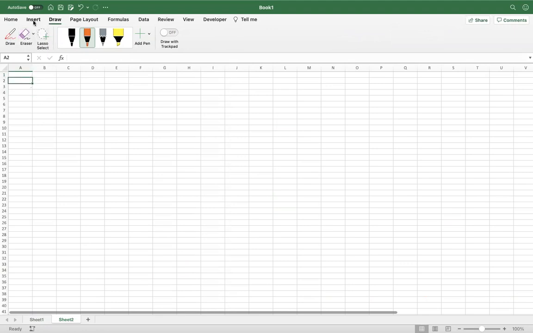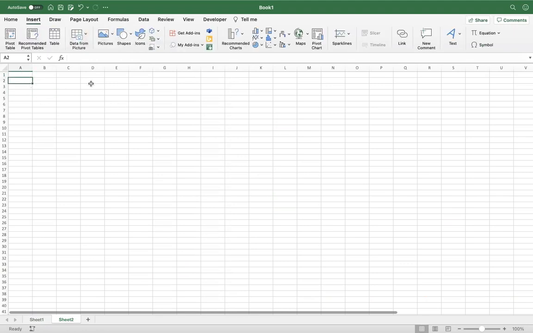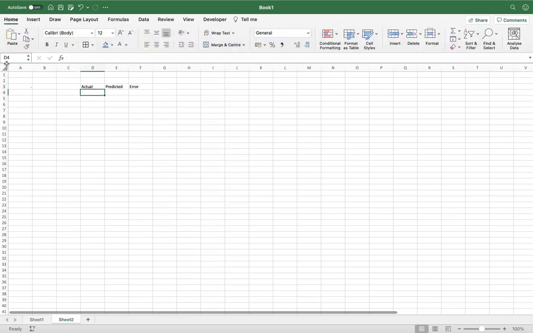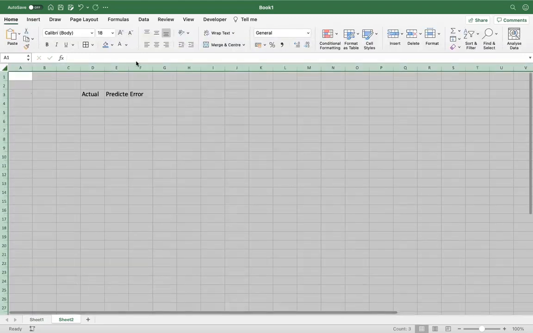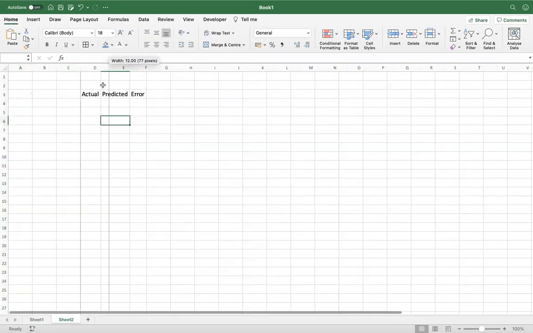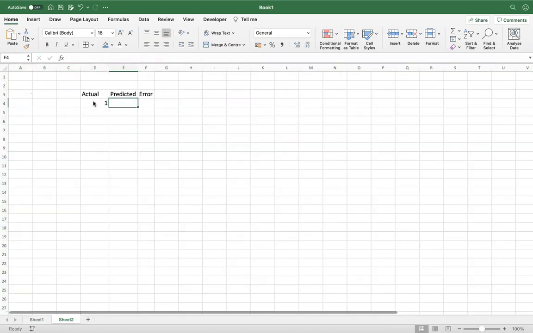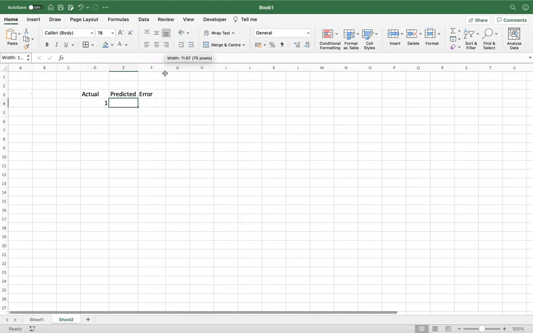Yeah, here you go. So now let us say that this is my actual value, my predicted value, and this is my error. If my actual value is equal to 1 and my predicted value also is equal to 1, what will be my error? 0.